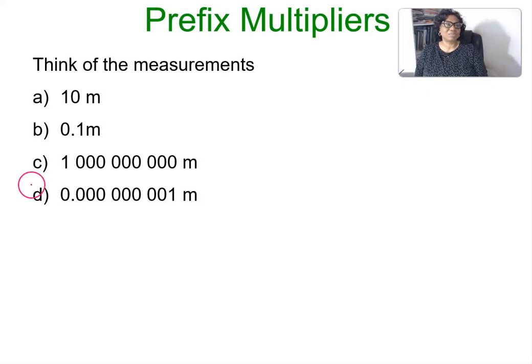So why do we use this prefix multiplier? Let's look at this. This is 10 meters. This is 0.1 meter. But look at this value. It's so long. To call it is a little bit tedious.